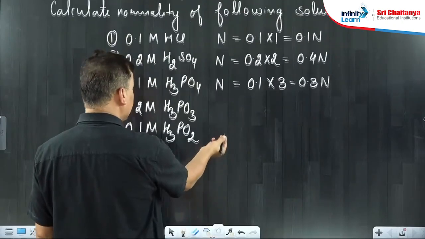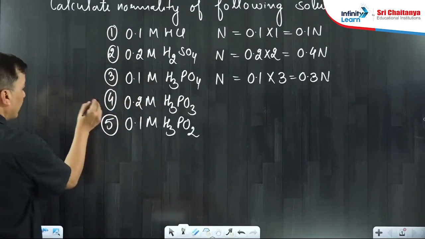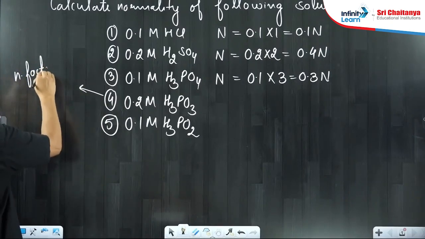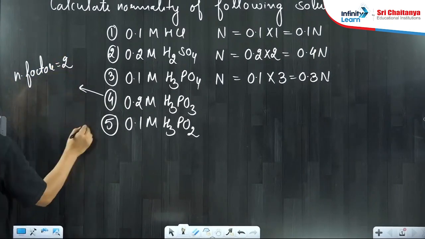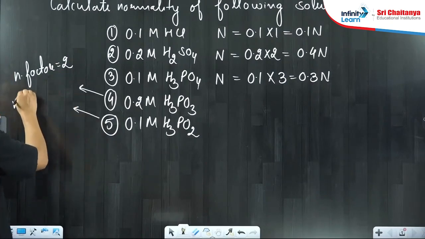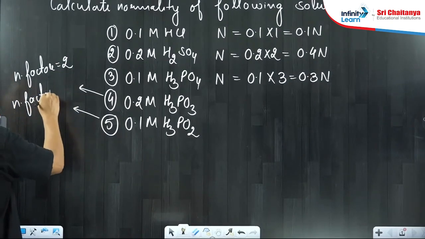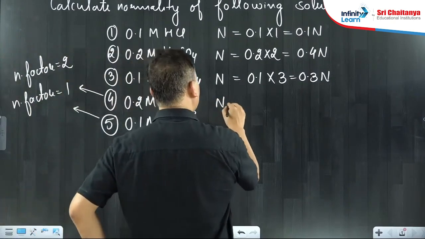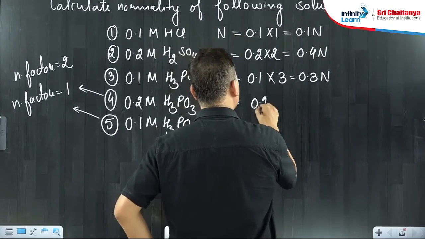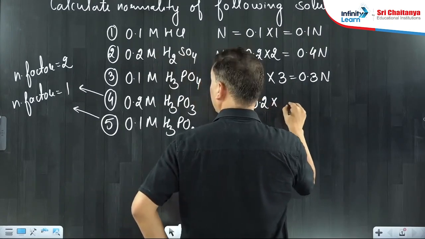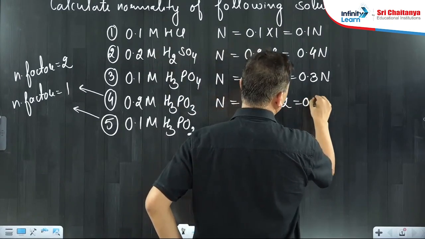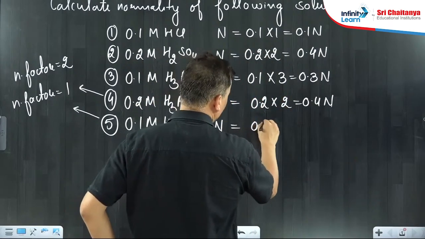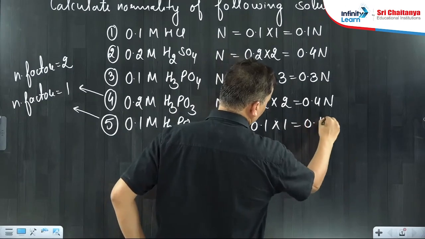Then I am asking you, n factor of this one? Have you remembered? This is 2. And n factor of this one is 1. So in order to find normality, 0.2 into 2 is equal to 0.4 normal. Here normality is 0.1 into its n factor 1, 0.1 normal.